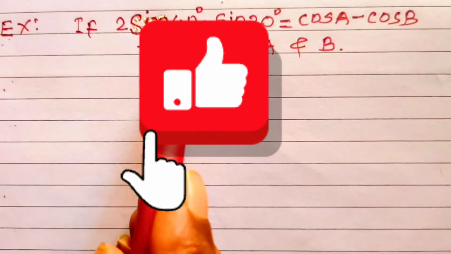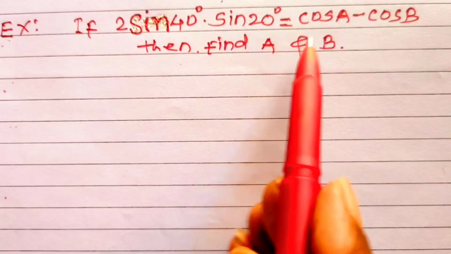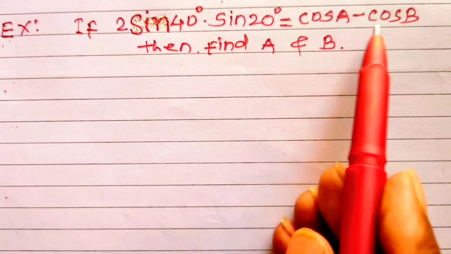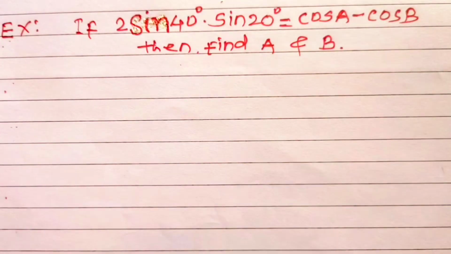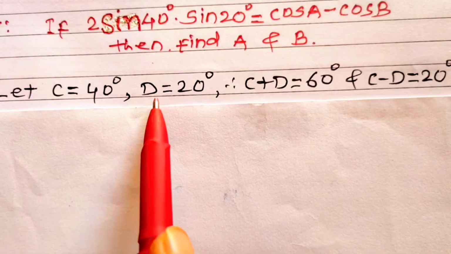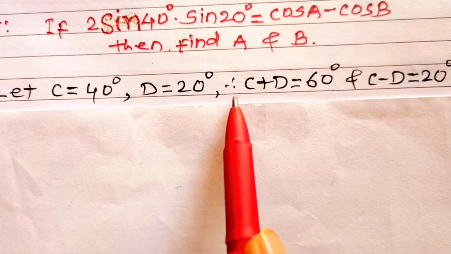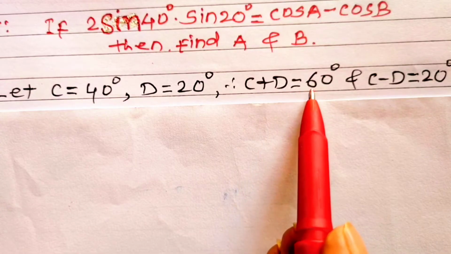Let us solve next sum. If sine of 40 degree into sine of 20 degree is equal to cos A minus cos B, then find A and B. Let us solve this sum. Let C is equal to 40 degree, comma, D is equal to 20 degree. Hence, C plus D is equal to 40 plus 20, 60 degree.